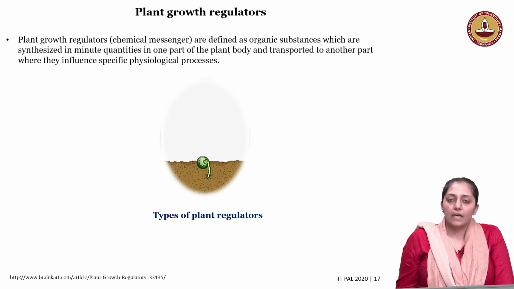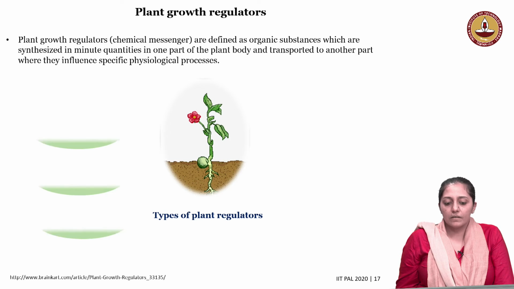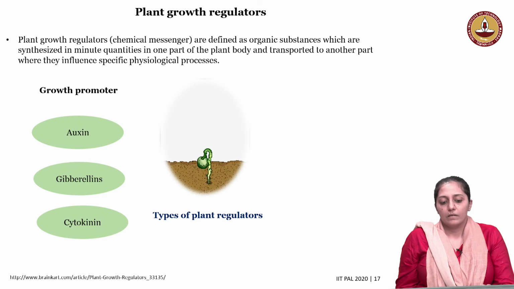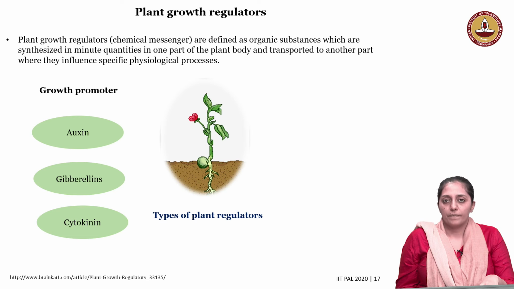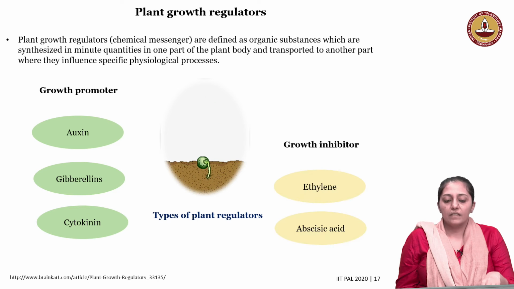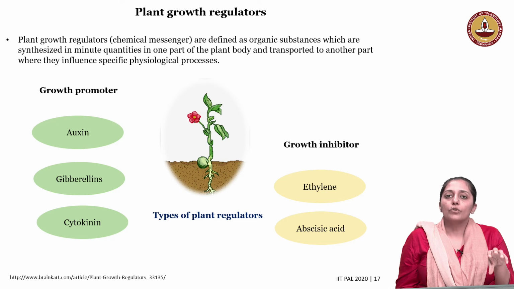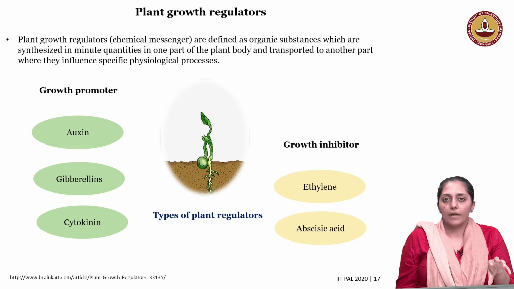So there are various different kinds of plant growth regulators. We will study three classes: auxins, gibberellins, and cytokinins. These are plant growth promoting hormones or regulators.